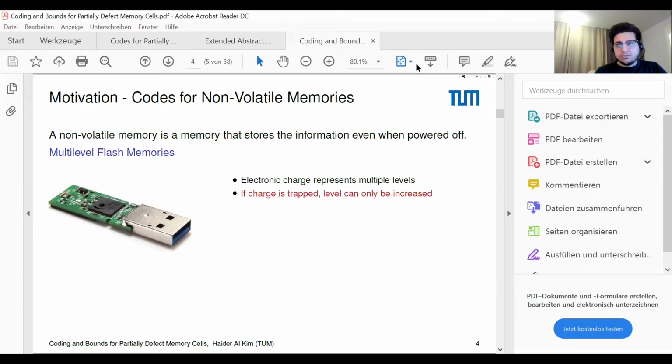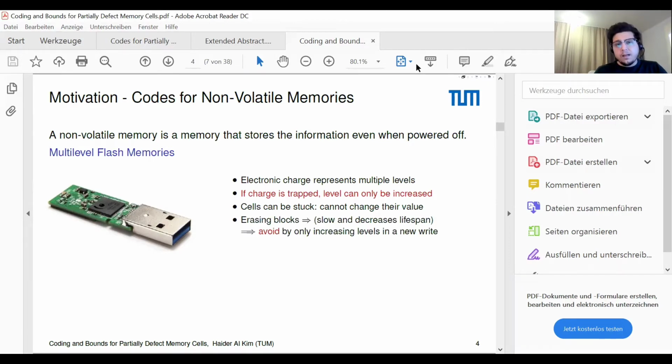If charge is trapped, a level can only be increased, and a cell can be stuck, unable to change its value, requiring a block erase. So we could, for example, erase the whole block and write on the memory again, but this will slow down and decrease the lifespan of the memory. To avoid this, we write by increasing levels in a new write. So for the stuck or partially stuck position, we just increase the level to store new information.